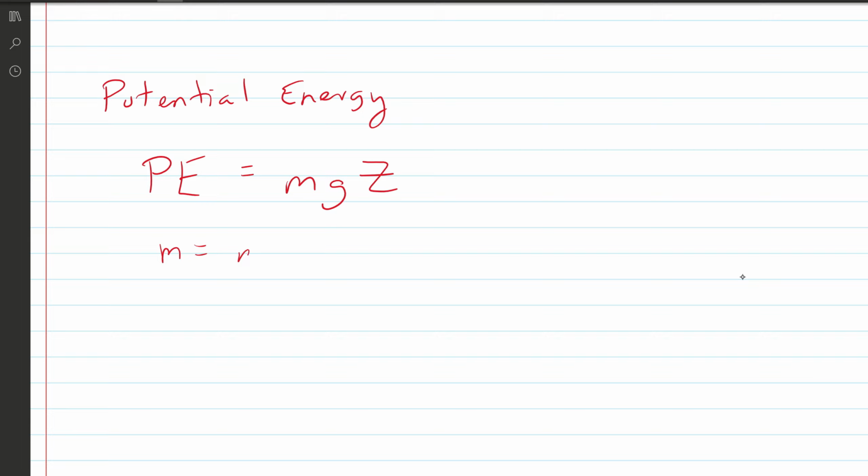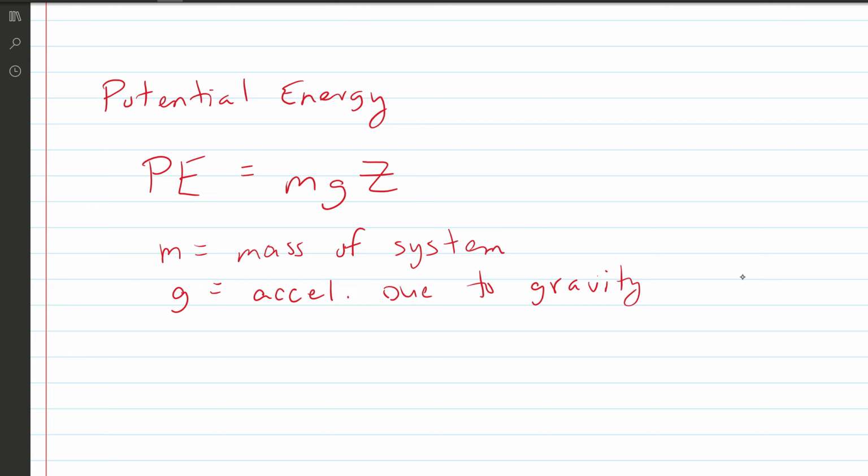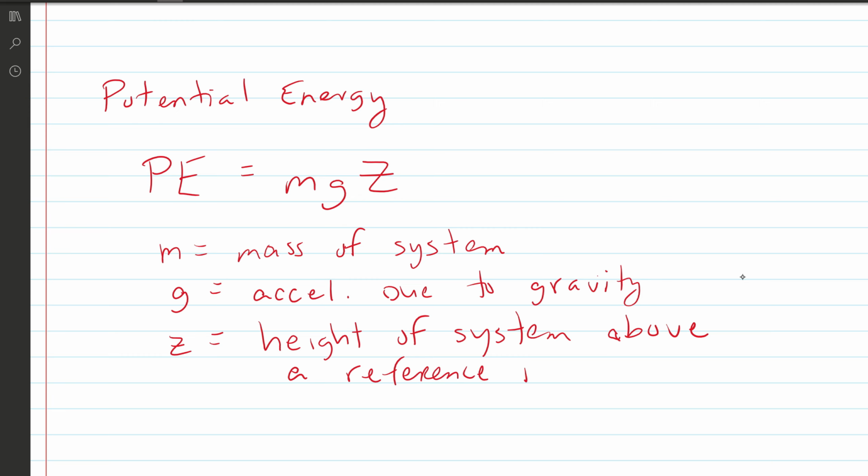Here, m is the mass of the system. The g is the acceleration due to gravity, and the z is the height of the system above a reference point.